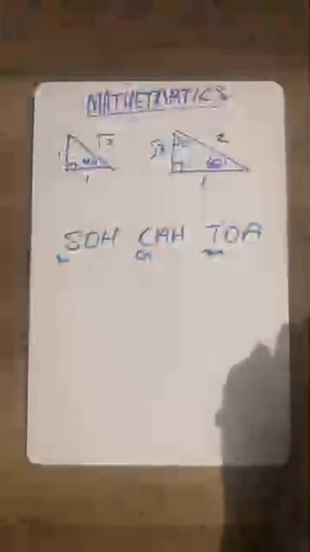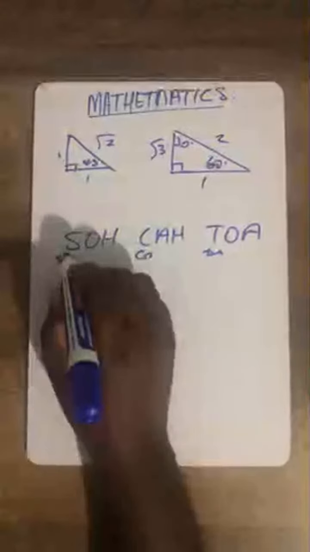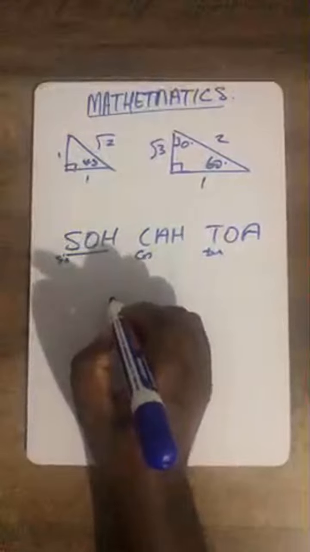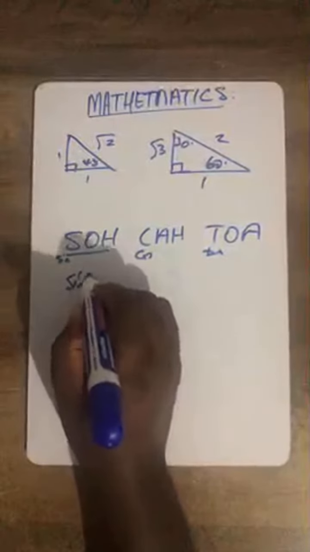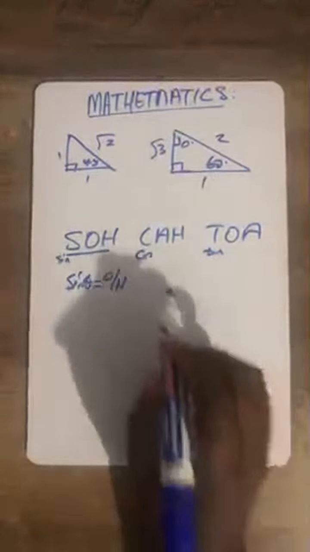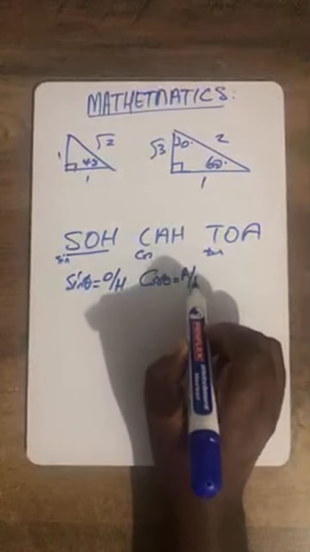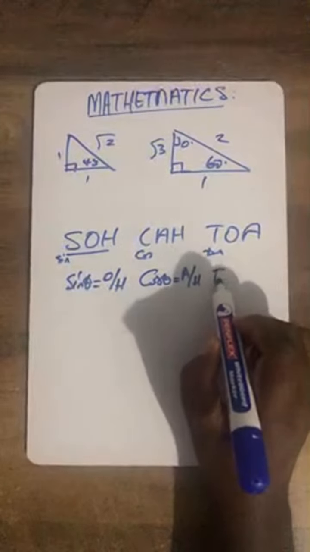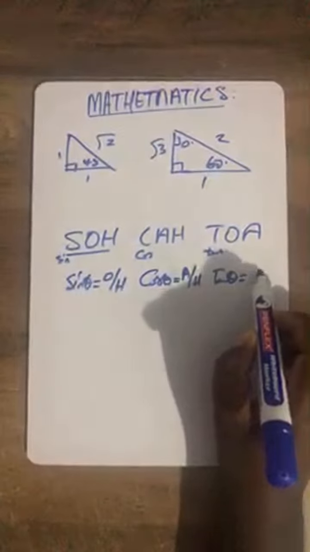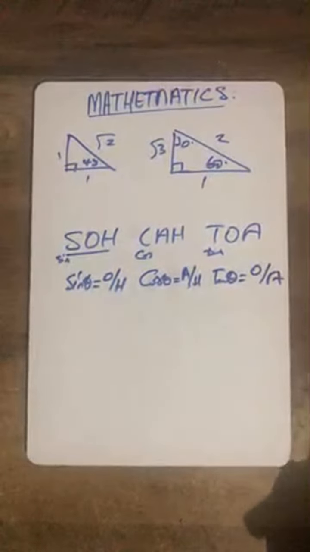Most importantly, we said sine of an angle is equal to O over H. Cos of an angle is equal to A over H. And tan of an angle is equal to O over A. What is this O? What is this A? What is this H?